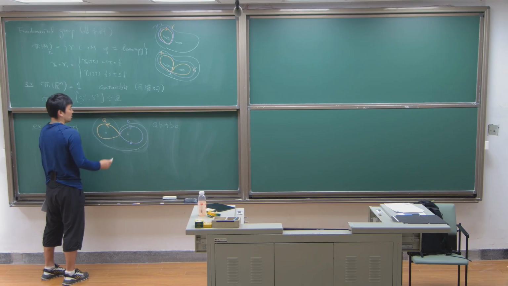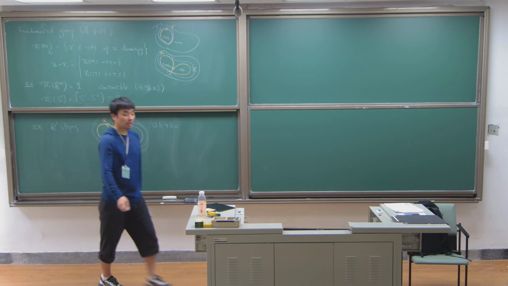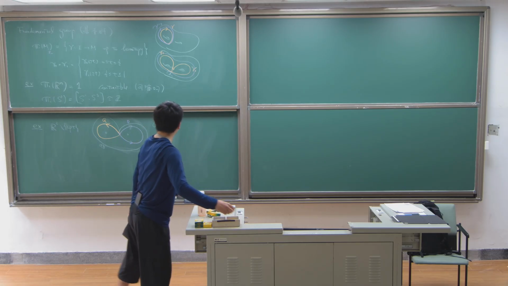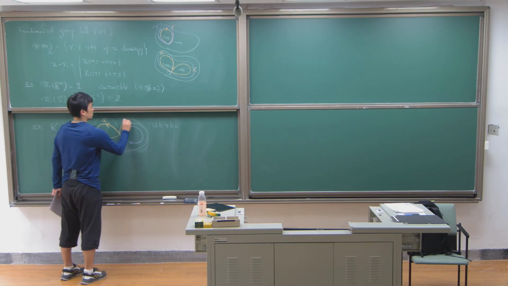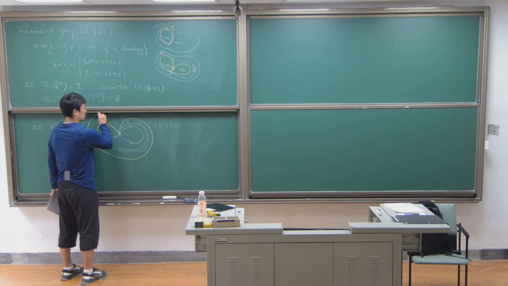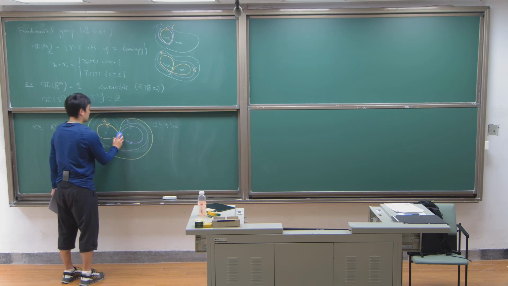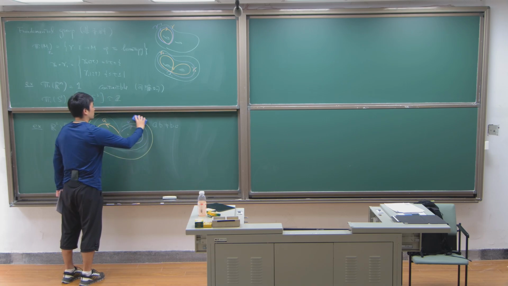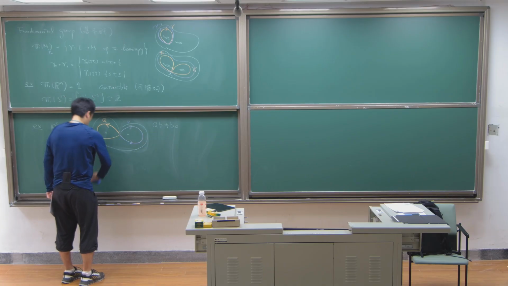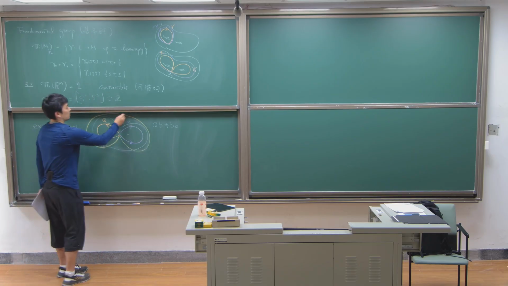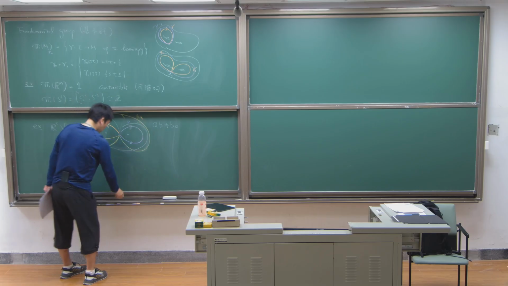BA is something like this one. Oh, sorry, I told you wrong. So BA is something like this. So this is B.